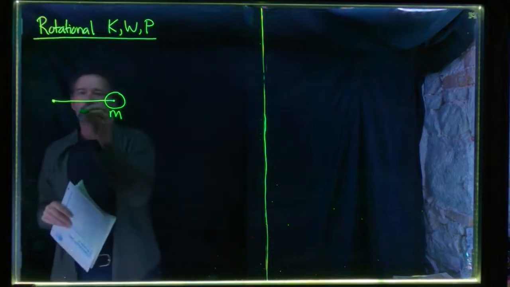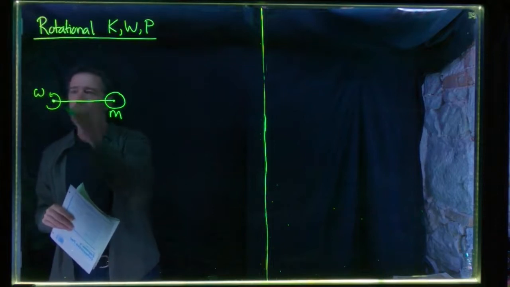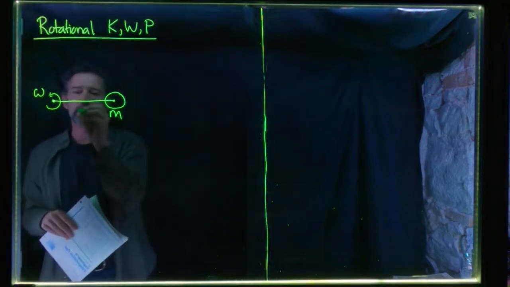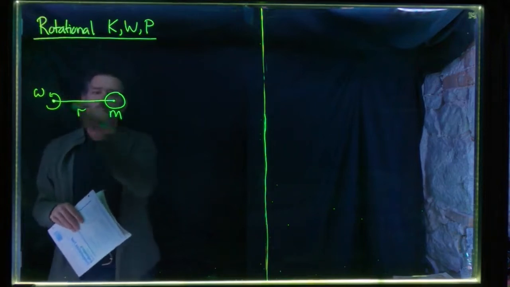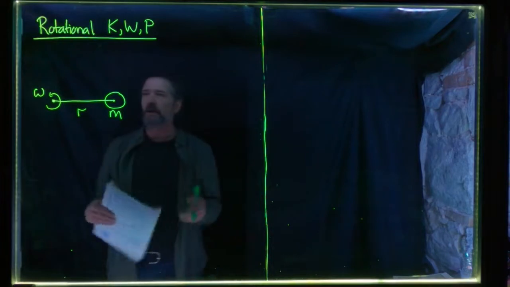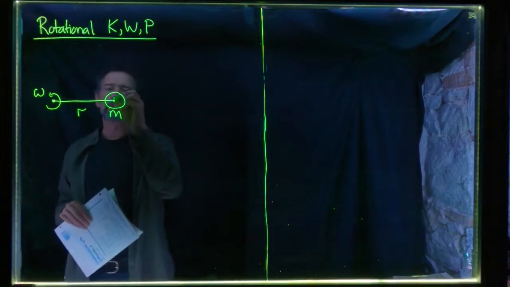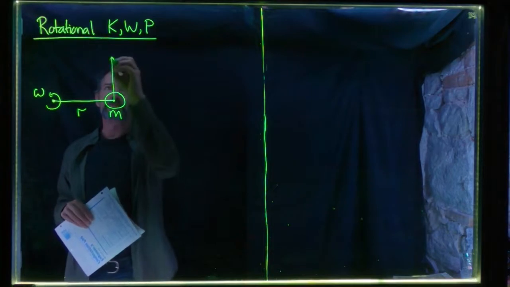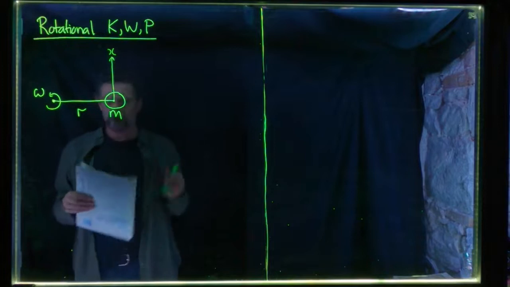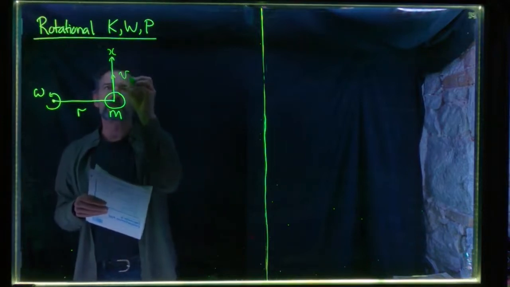Okay, so we'll have the object rotating at this instant of time with some angular velocity omega, and the length of the moment arm is equal to r. At this instant of time we can think of the object as instantaneously moving along the x-axis with some velocity vx.